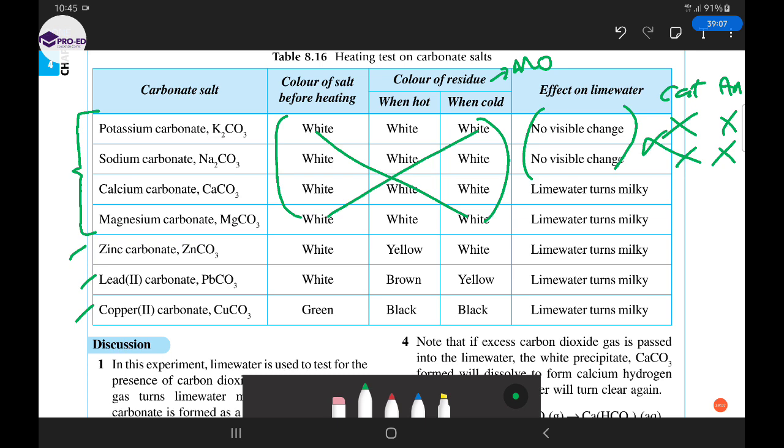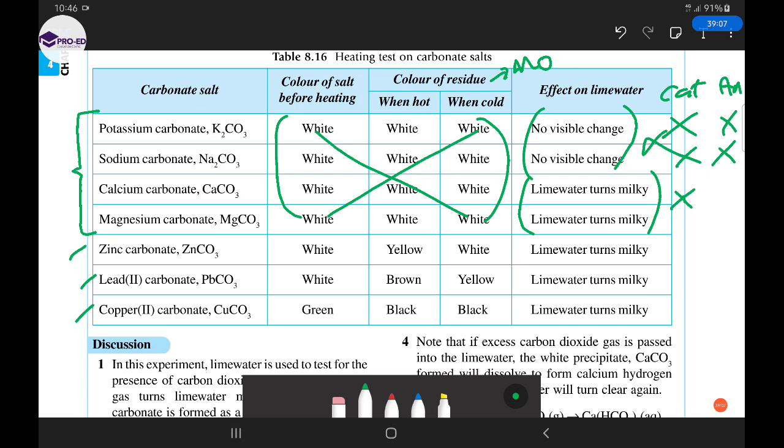However, for calcium and magnesium, everything is white. Color tells you the cation, but since everything was white, it really can't tell you anything, because most salts are white, so you would not know which cation is here. However, lime water did turn milky or cloudy, or chalky.